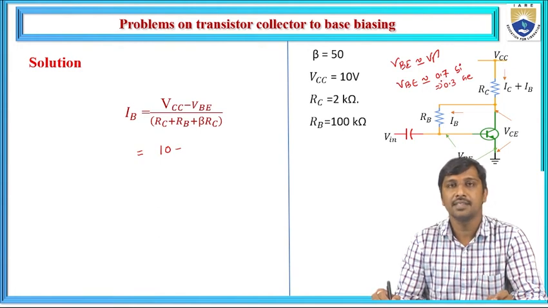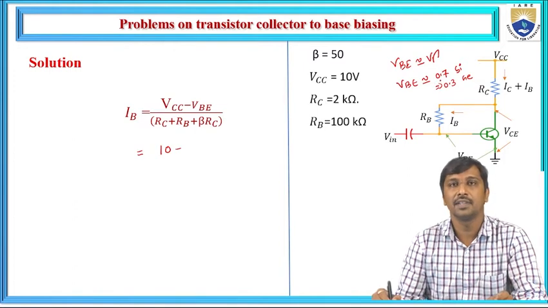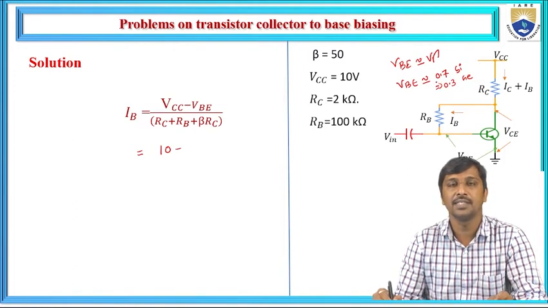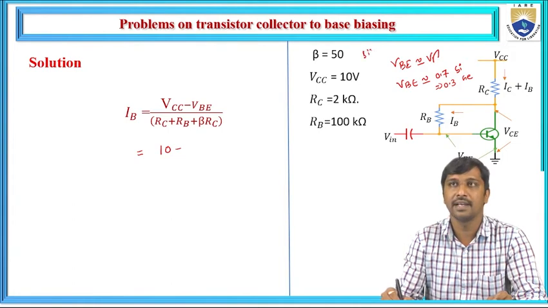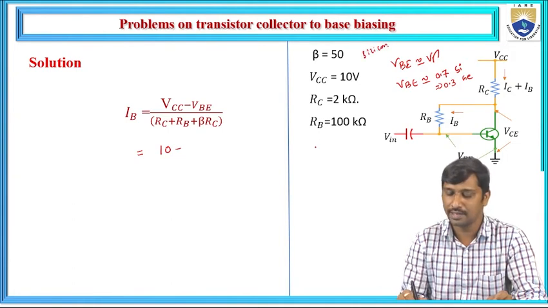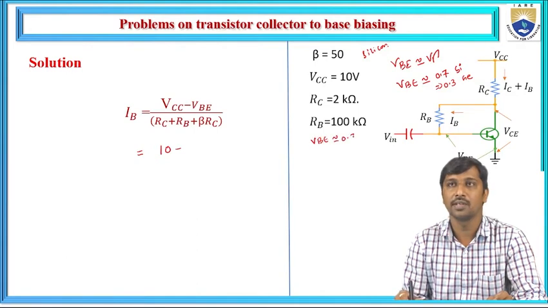If the transistor is made with silicon, let us consider the VBE voltage as 0.7. If it is made with germanium, we consider the VBE value as 0.3. In this case, I consider the NPN transistor is made with silicon. Hence, the VBE parameter is equal to 0.7.